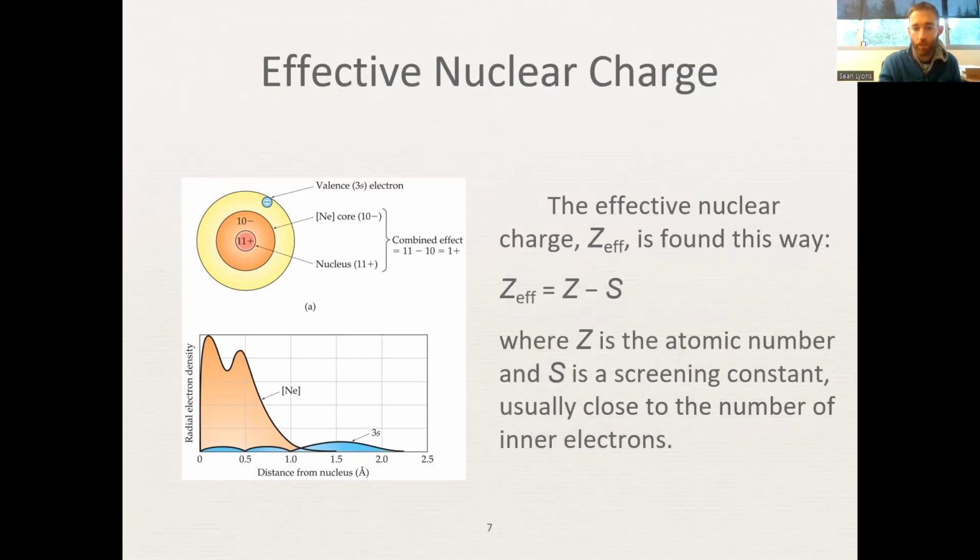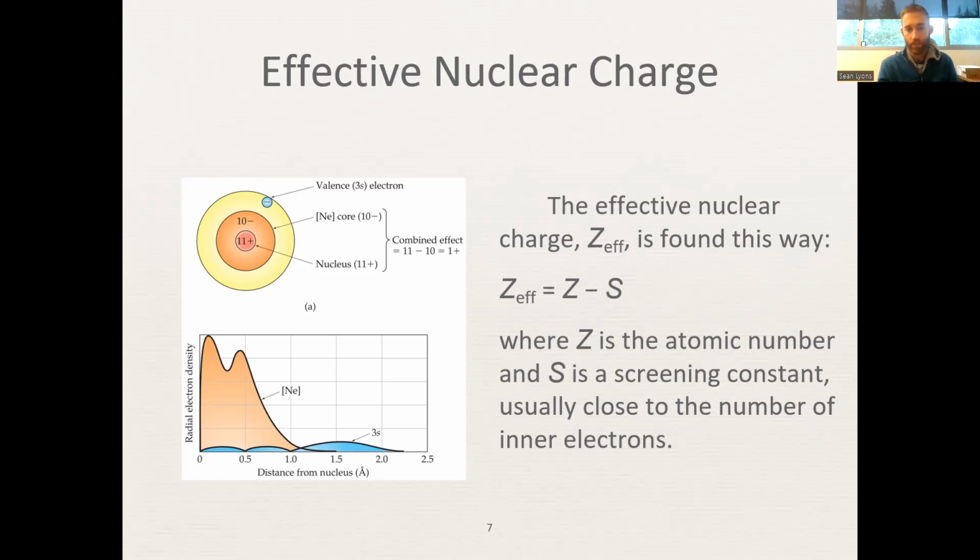So this is the formula for actually calculating the effective nuclear charge. We use Z as the symbol for the effective nuclear charge there. And then we've got the atomic number minus the screening constant, which is just going to be the number of those inner electrons, so everything that's not on that valence shell.